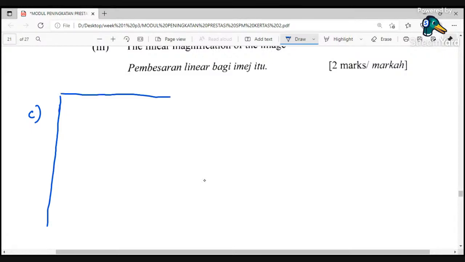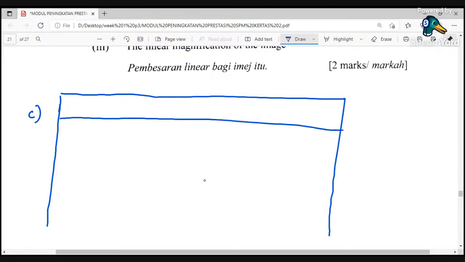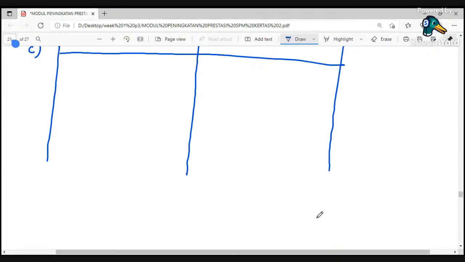There's no repetition. Don't write a very lengthy essay, but then you get very low marks. So write in table form, you can see your answer clearly.